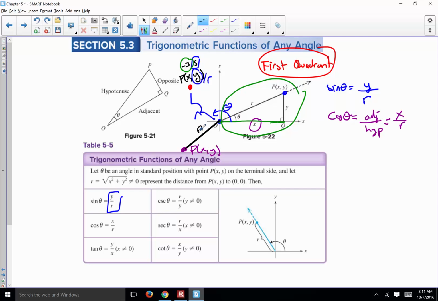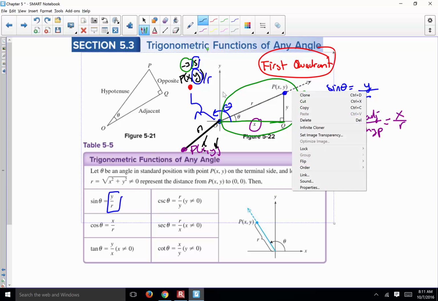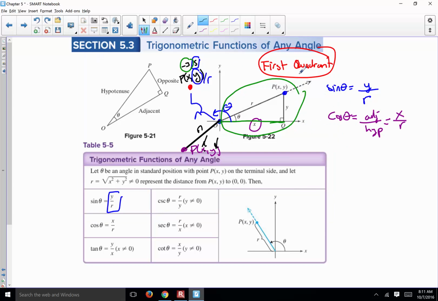X over r. What is tangent? Y over x. What is cotangent? X over y. You are using coordinates rather than the triangle's hypotenuse and adjacent side. Forget it. But in the first quadrant, it is still the right-angle formulas, because x is this side, y is that side, r is the hypotenuse, and so on.